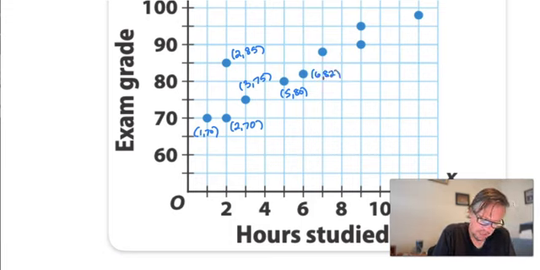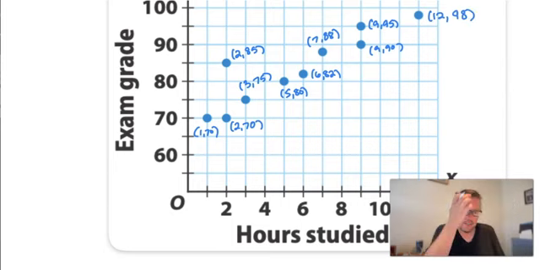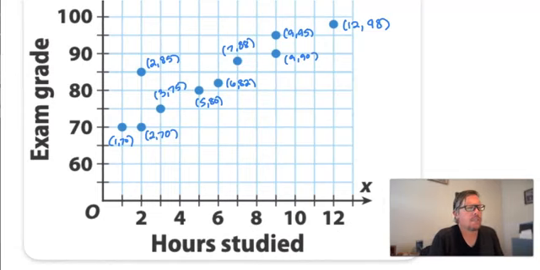I'm just estimating, it doesn't matter. This is a 7 and you think like an 88, we'll call it (7, 88). This is a (9, 90). This is a 9 and a 95. And this person went nuts, 12 hours studying, and let's call that a 98. Okay, so there's all of our coordinates that we've got here.